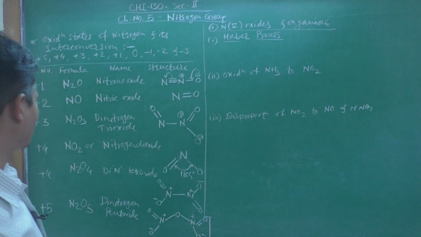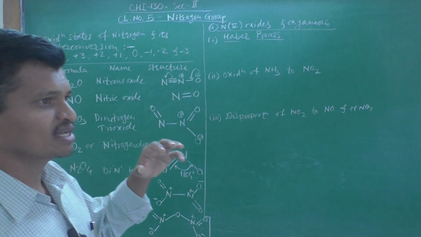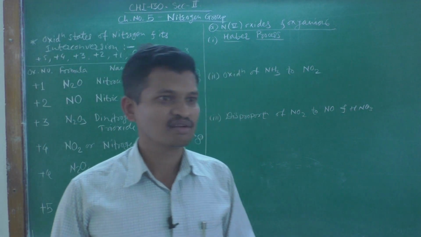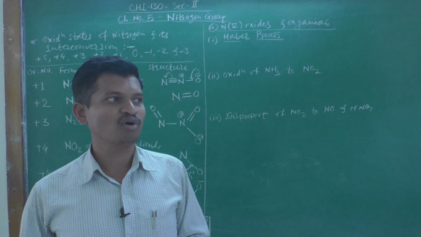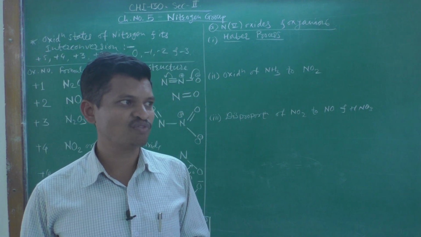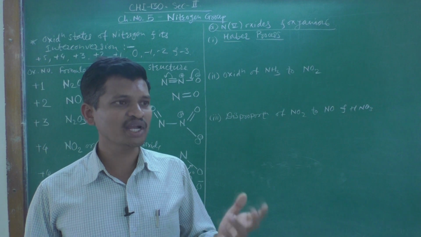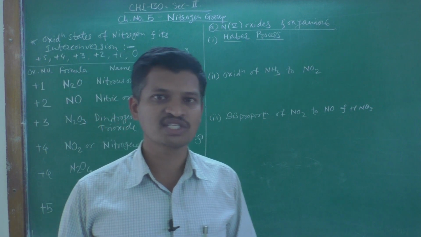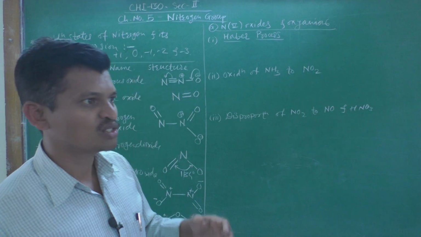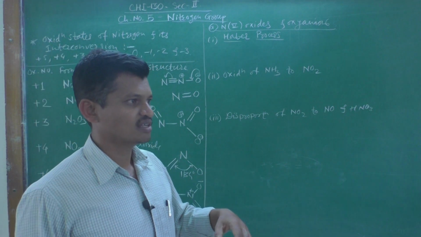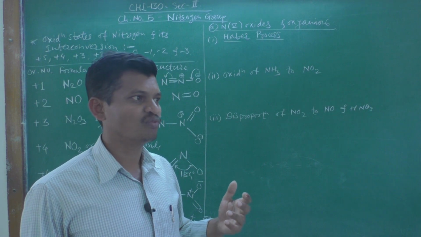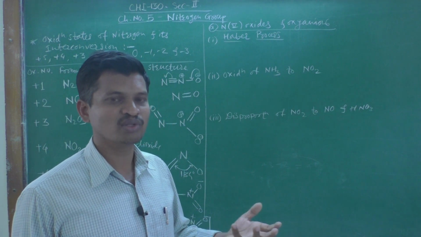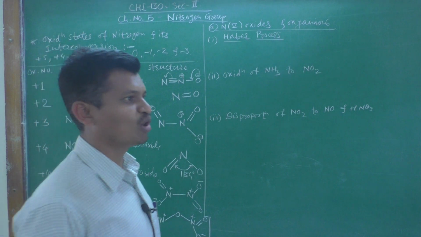Nitrogen 5 oxides and oxyanions means how nitrogen with oxidation state 5 is interconverted into other oxidation states of nitrogen. We will start with a nitrogen atom with 0 oxidation state, which is nothing but the N2 molecule.